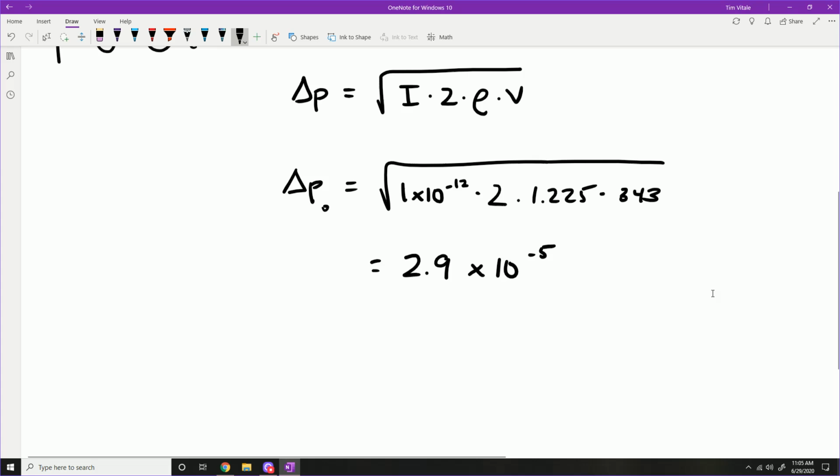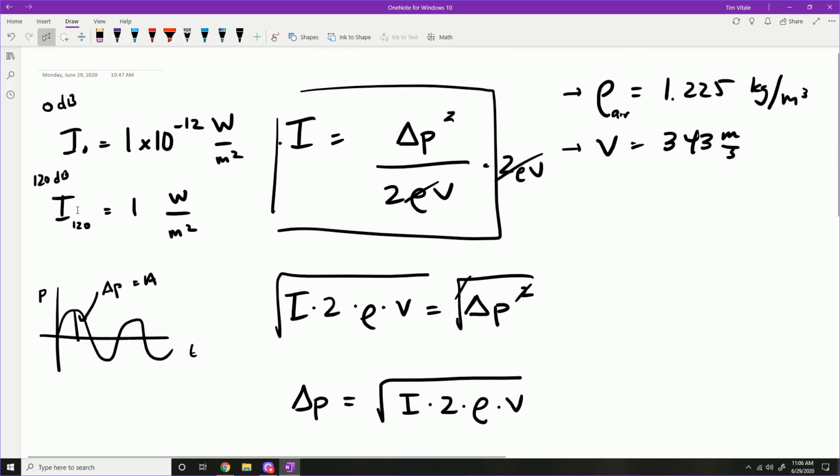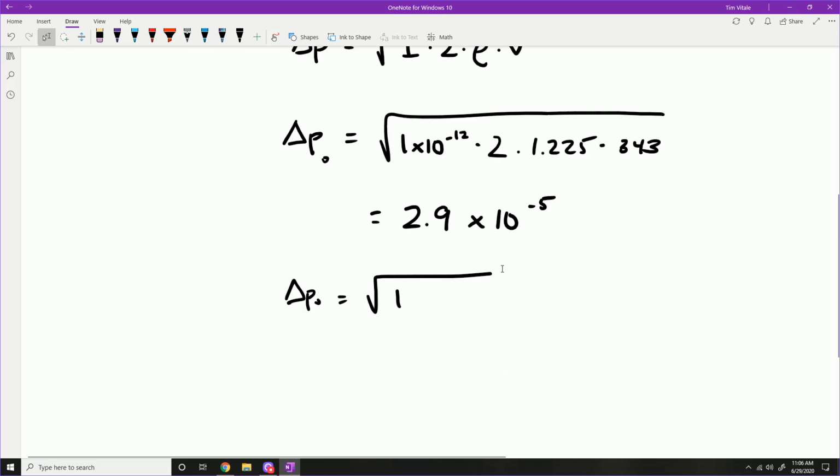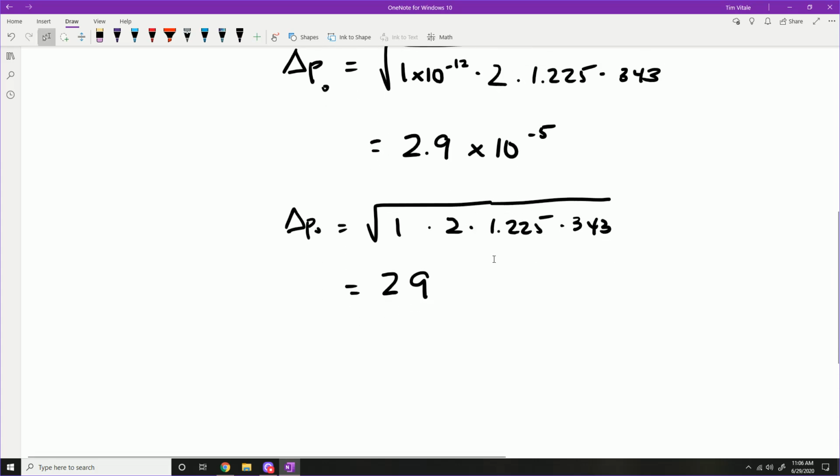And then if I do this again, but this time plugging in just 1 for the intensity, because that's 120 decibels, then I get 1 times 2 times 1.225 times 343, and the square root of that whole thing. Putting that into the calculator, I get 29, and this would be in pressure units.